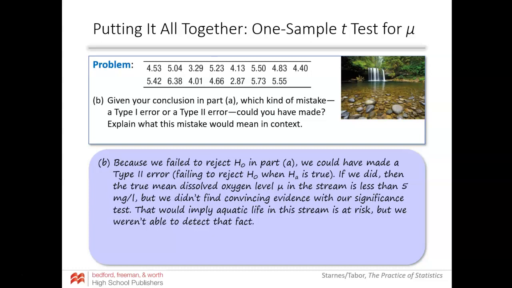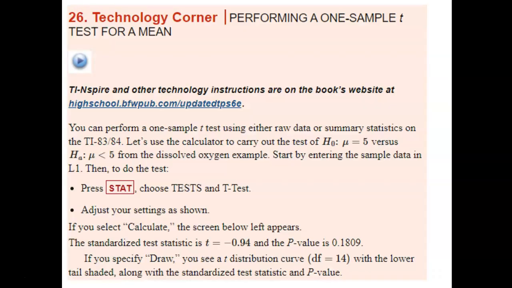So in the context of this problem, that means the true mean dissolved oxygen level is less than 5 milligrams per liter, but because of our sampling, we didn't find significant evidence in our test to imply that. So all the aquatic life could be at risk, and we don't know it. If that's a concern of ours, then we have to think about how we can lower the risk of a type 2 error. And remember, we have a couple of ways of fiddling with that.